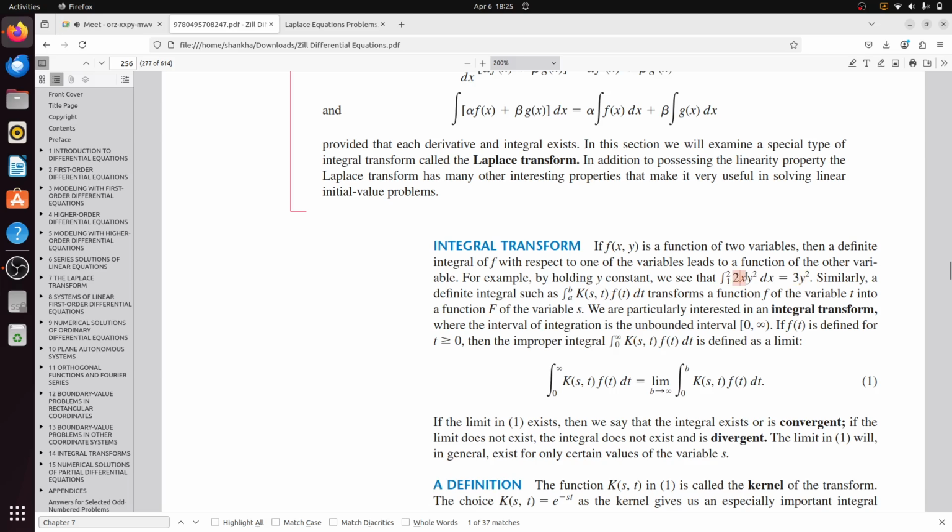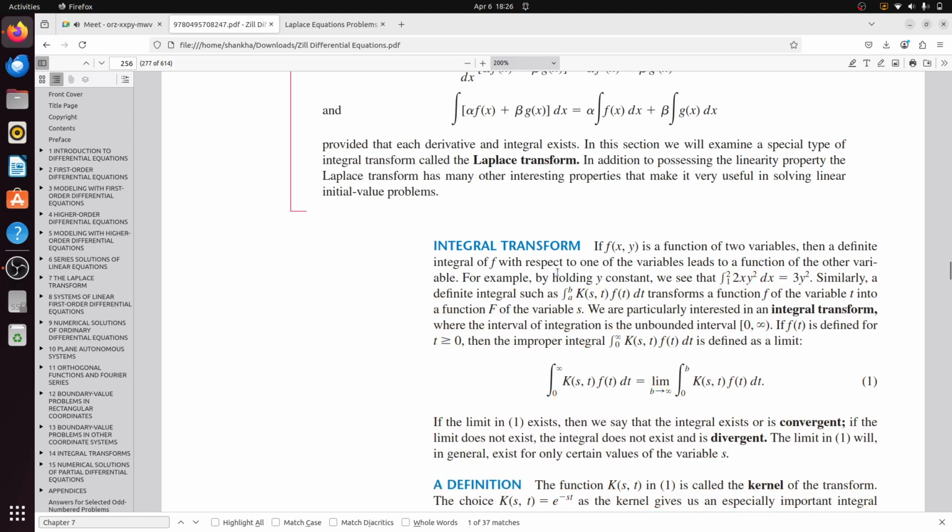If you integrate 2x, you get x², and if you put in the limits, it becomes 2² minus 1², which is 4 minus 1, which is 3. So this is 3y².